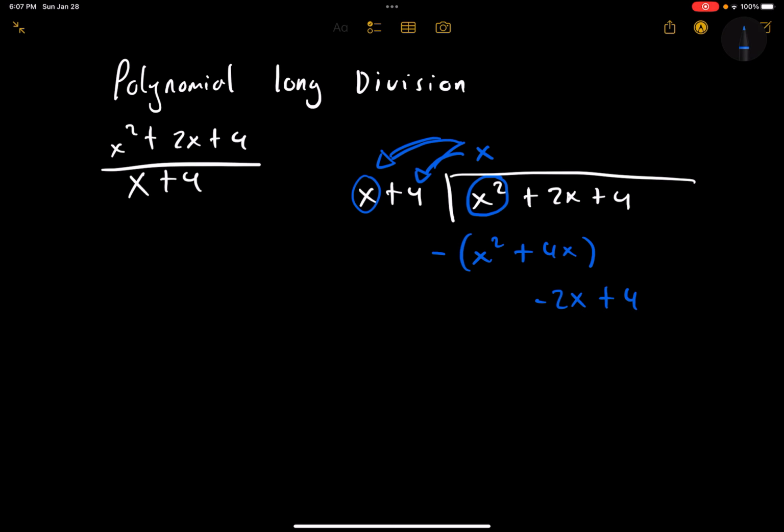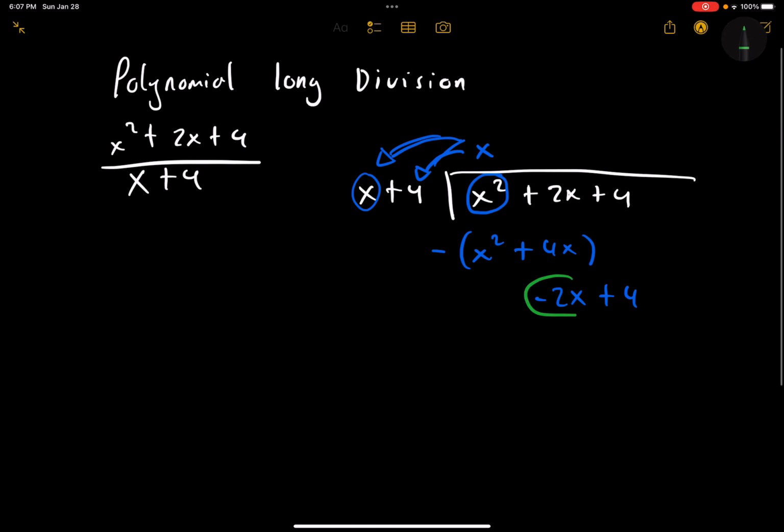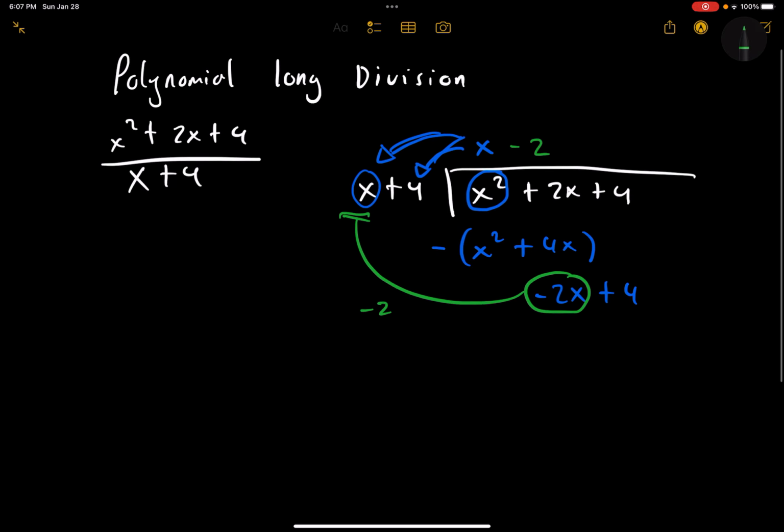And this is just now a cycle. Now I'm going to use another color. We divide this by x. And how many x's are going into minus 2x? Well, minus 2. And so now we put it up here, minus 2.